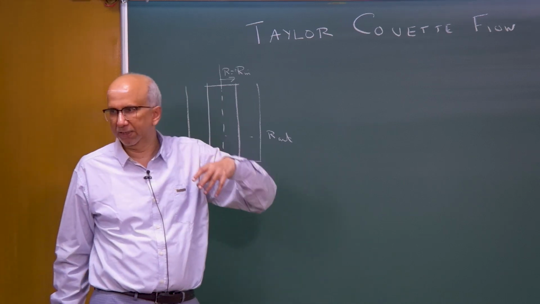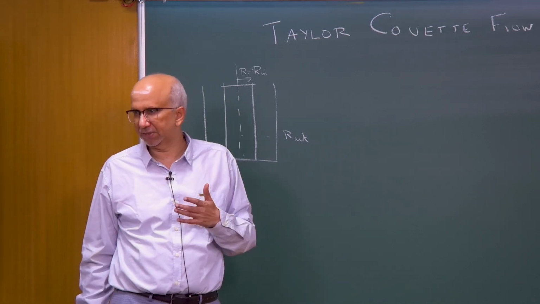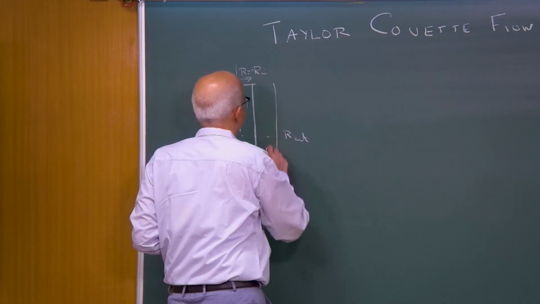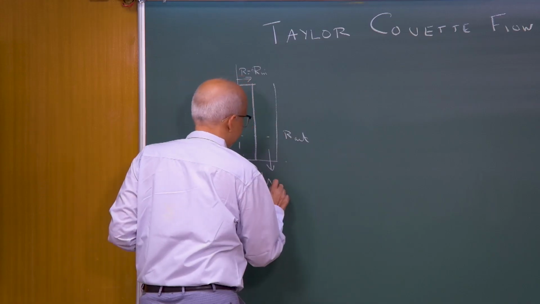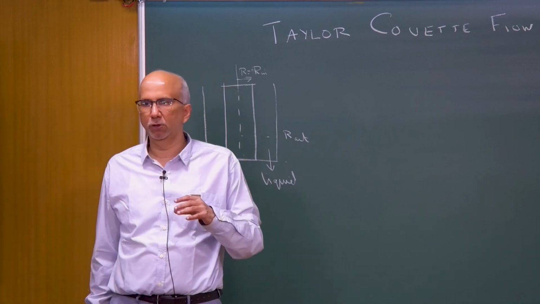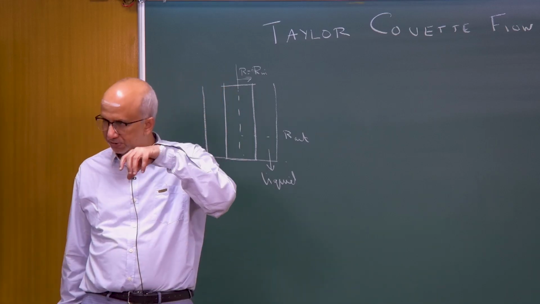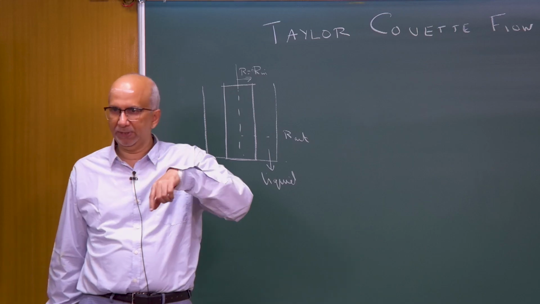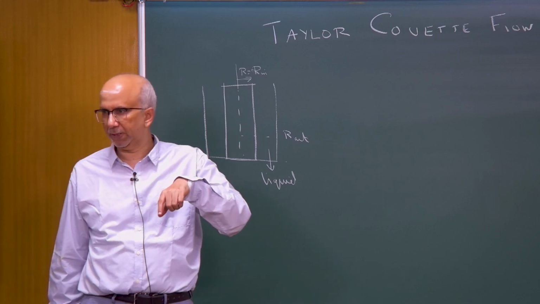So, I have two cylinders exactly having the same axis, and the liquid is here. This has the liquid. So, the walls which are surrounding the liquid are basically circular in nature, okay.